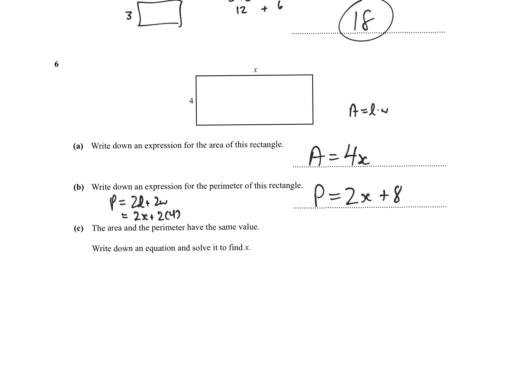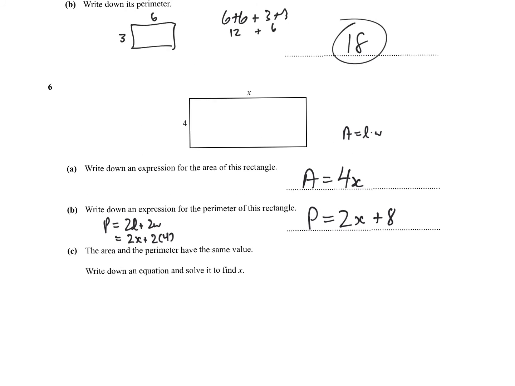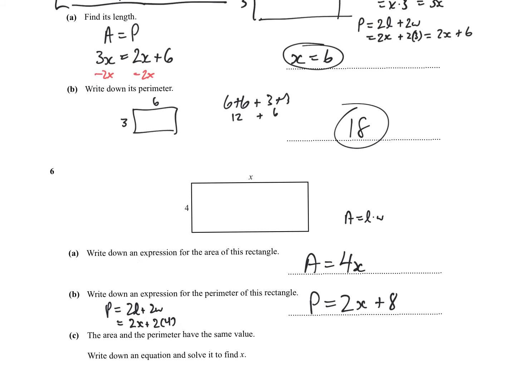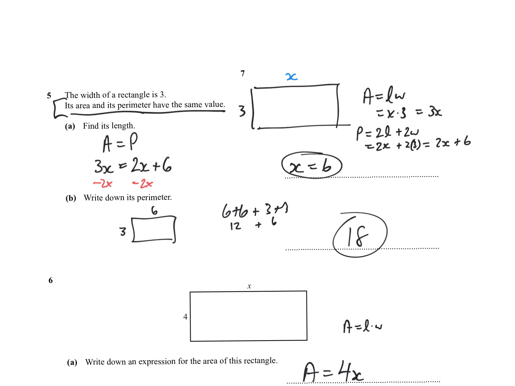The area and the perimeter are the same value, write down an equation and solve it. Now see how this question's kind of asking us to write down an equation. You didn't really need an equation in this question. I think the idea here is that this question could be done with an equation, like I did, right? It could also be done with a little bit of trial and error, right?